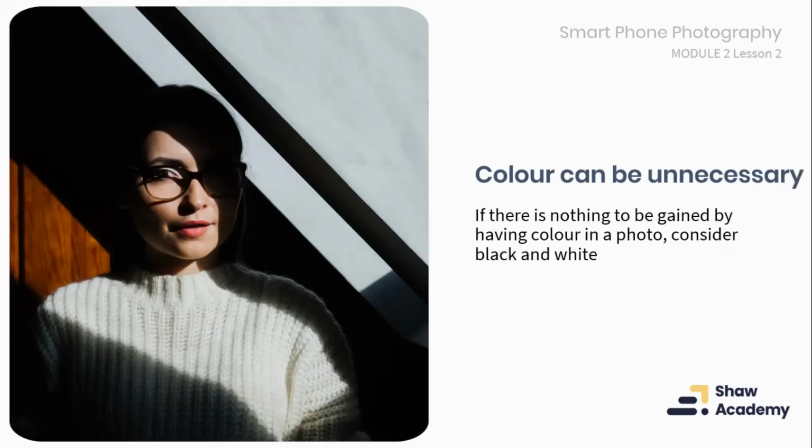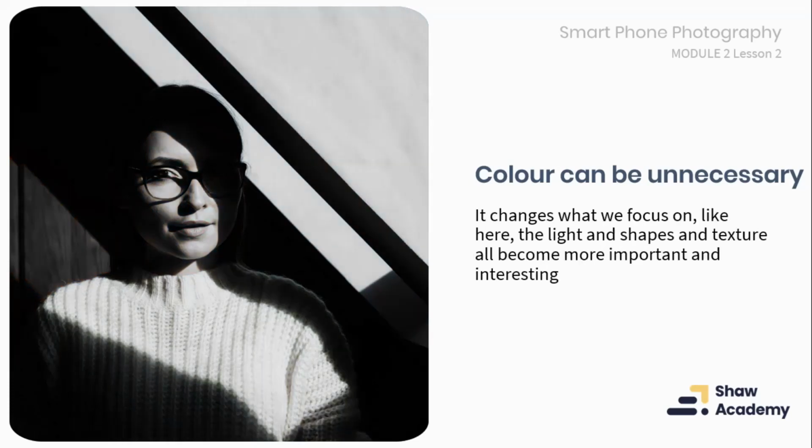Here's another example. Sometimes there's just nothing to be gained by having colour in the photograph. Like we've got very strong contrasty light. We've only got a tiny little bit of colour in this photograph as it is. We've got the skin tone, the lips, and the wood in the background. But if I take that away, the photograph becomes stronger without it. We focus very much on those sharp angles, that really contrasting light here.